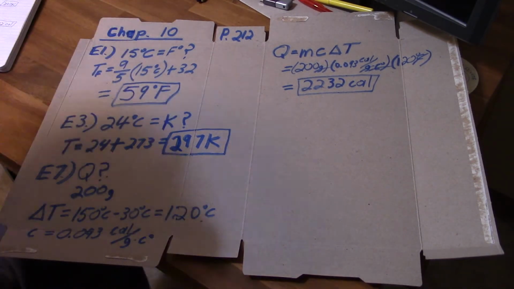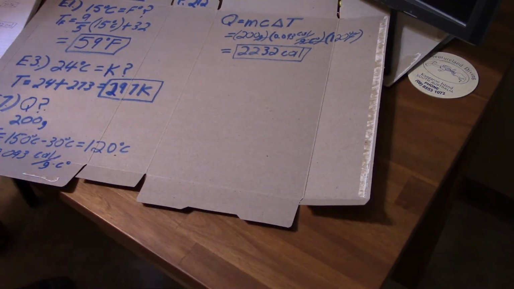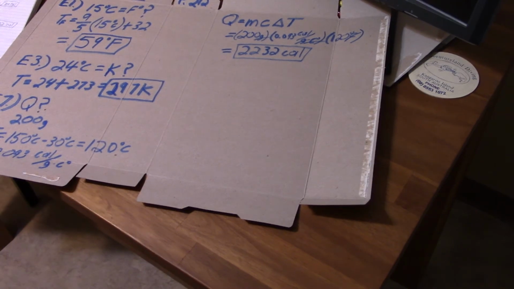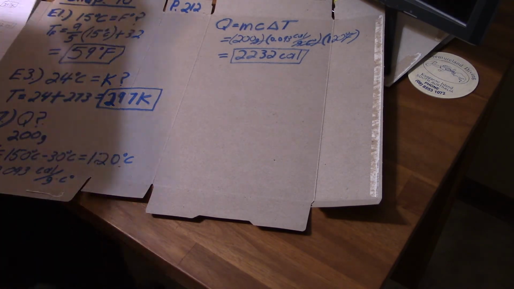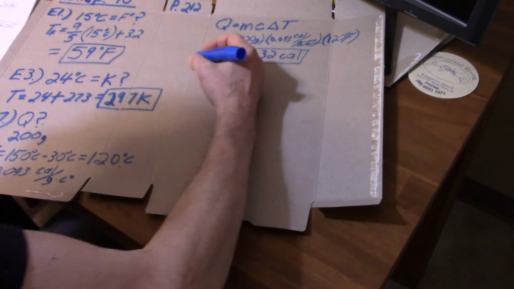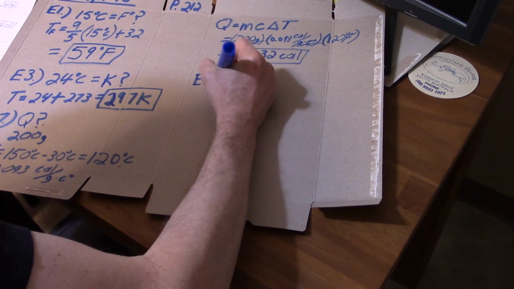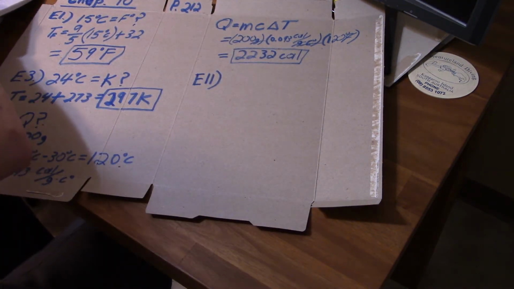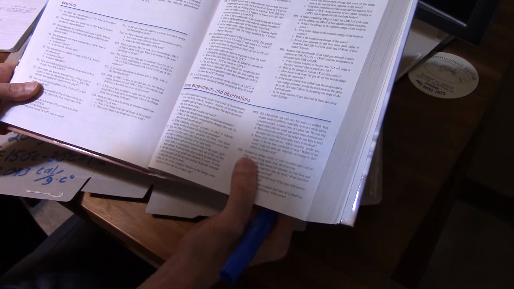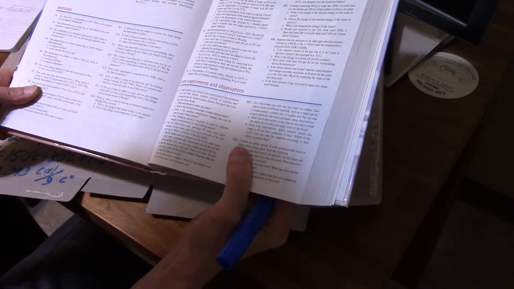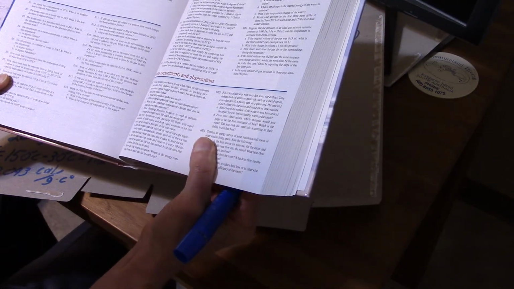And the last one, E11. So we're going to do number 11. And the question is, if 200 calories of heat are added to a system, how much energy has been added in joules? So that's just a simple conversion, calories to joules.